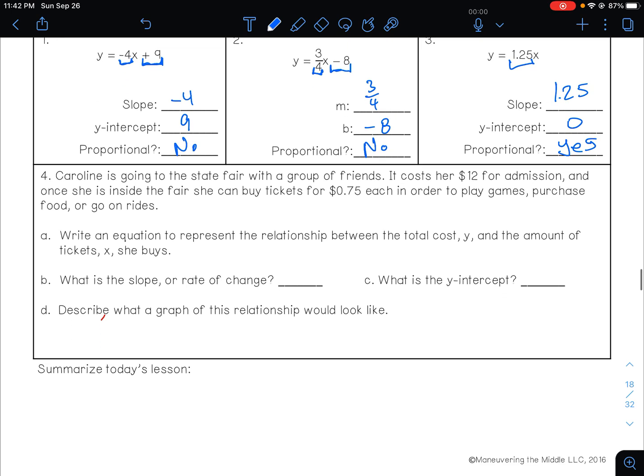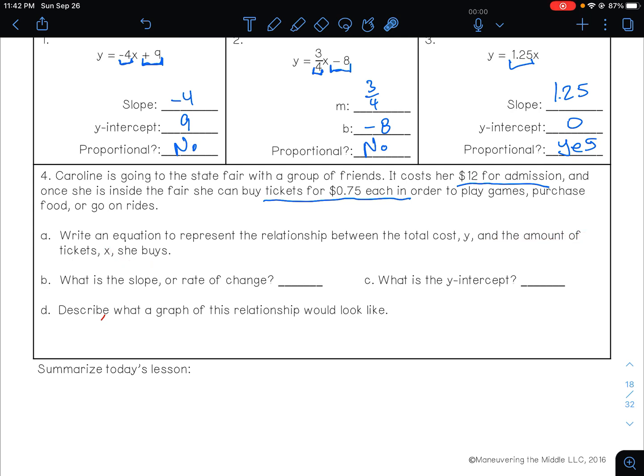All right, last question. Caroline's going to the state fair with a group of friends. It costs $12 for admission. And once she's inside the fair, she can buy tickets for 75 cents each in order to play games and purchase food or go on rides. Write an equation to represent the relationship between the total cost, y, and the amount of tickets she buys.